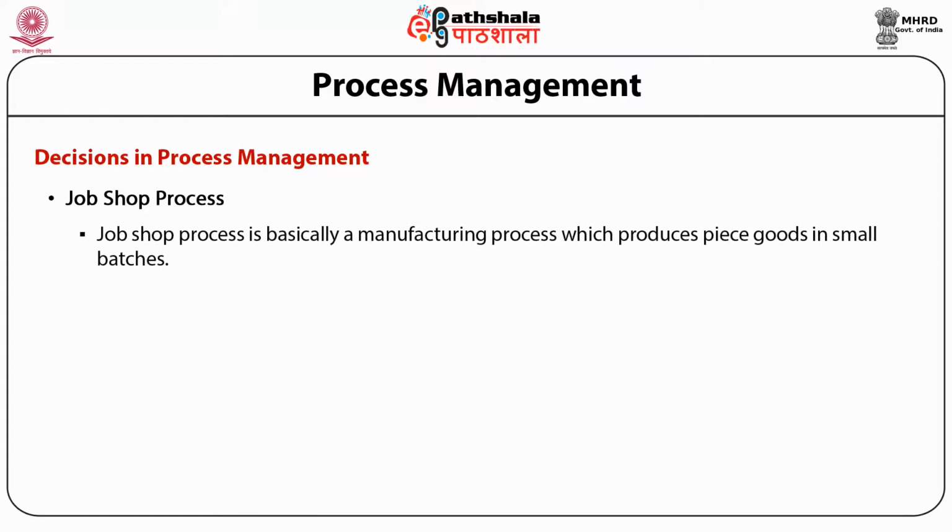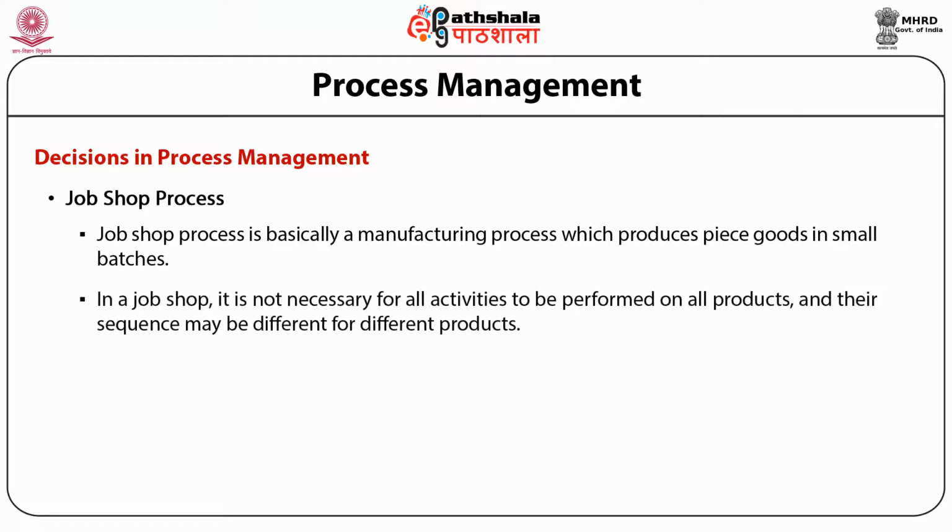Job shop process is basically a manufacturing process which produces piece goods in small batches. A job shop is a flexible operation that has several activities through which work can pass. In a job shop, it is not necessary for all activities to be performed on all products, and the sequence may be different for different products.